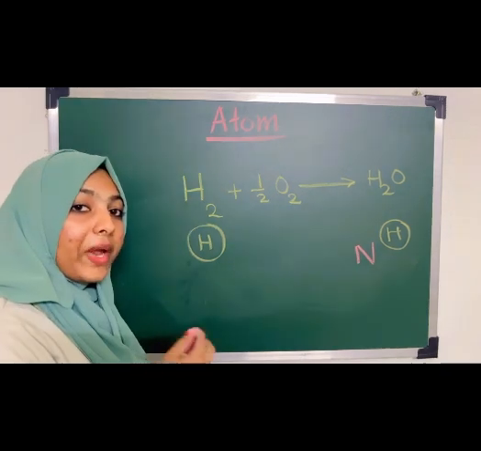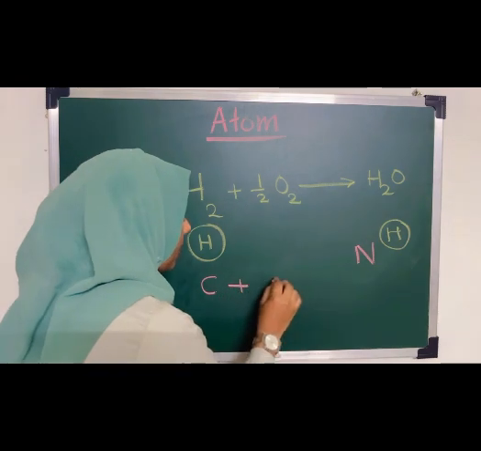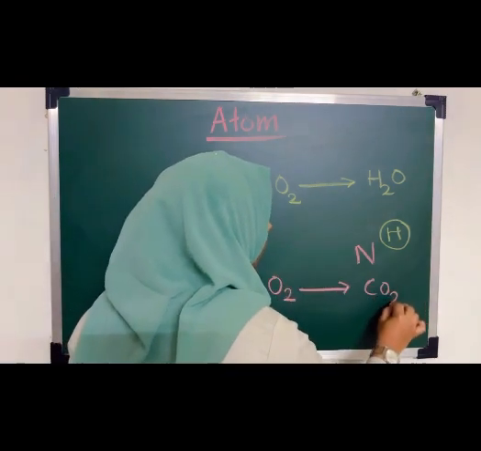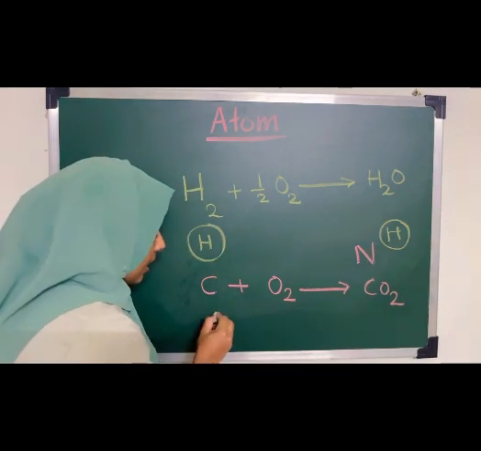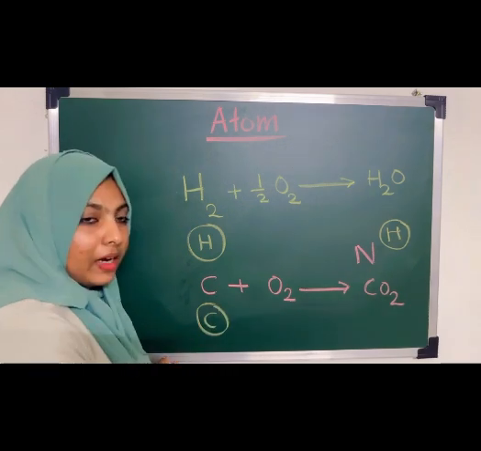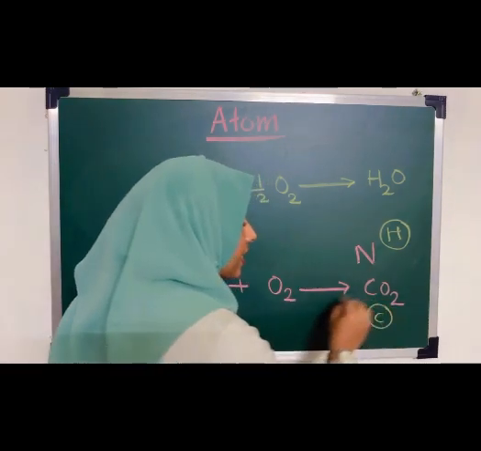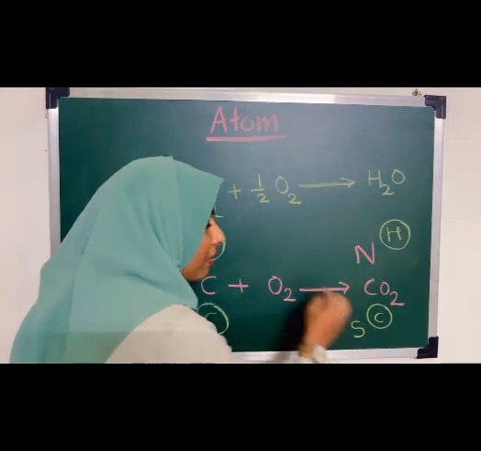We can take another example. Carbon combines with oxygen and we get a carbon dioxide molecule. Here, before the reaction, carbon exists as carbon. After the reaction also, in carbon dioxide, it exists as carbon. This carbon is not converting into sulfur.